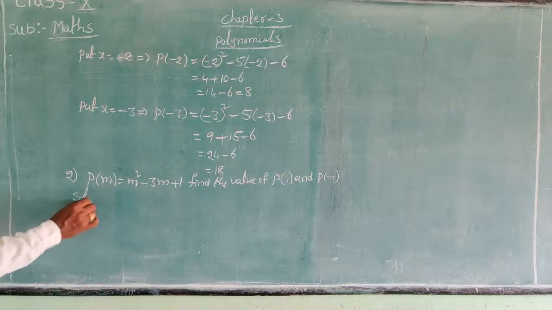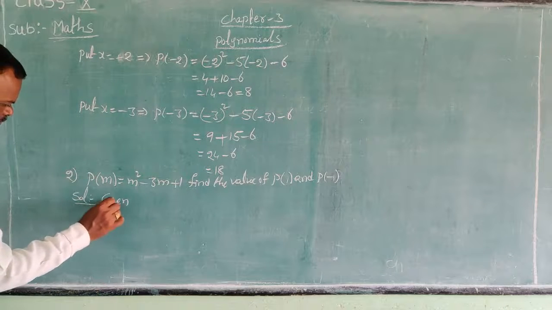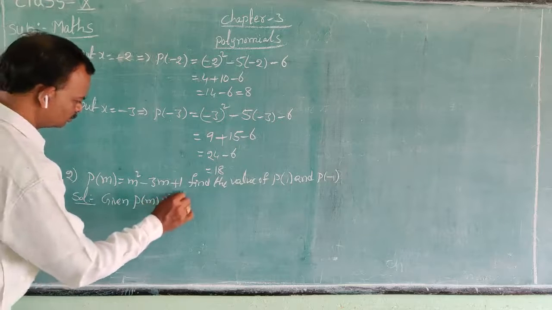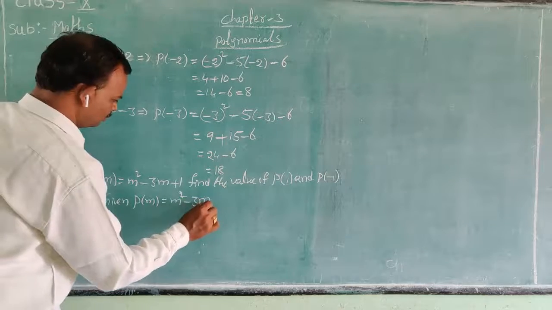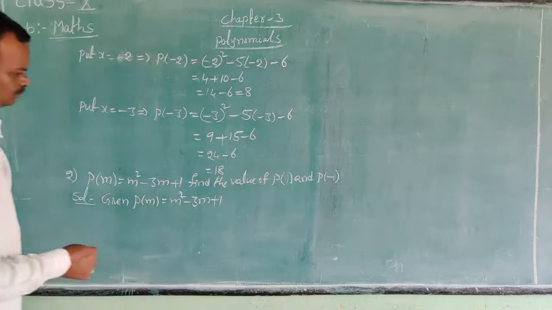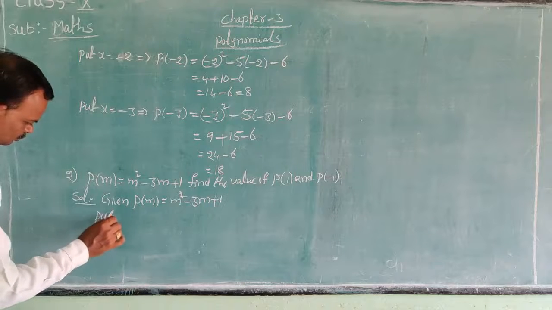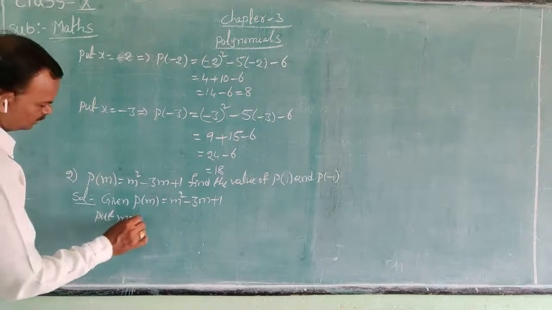Solution. P of m is equal to m square minus 3m plus 1. Put m equal to 1.